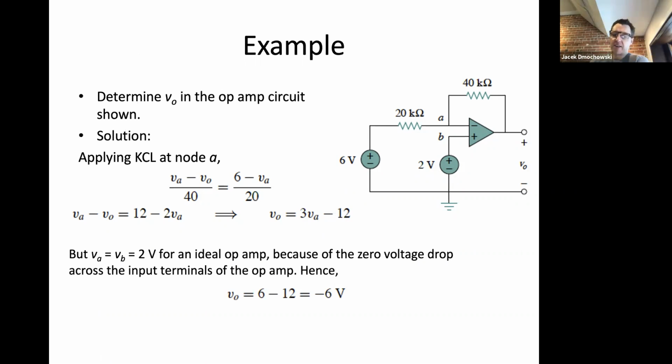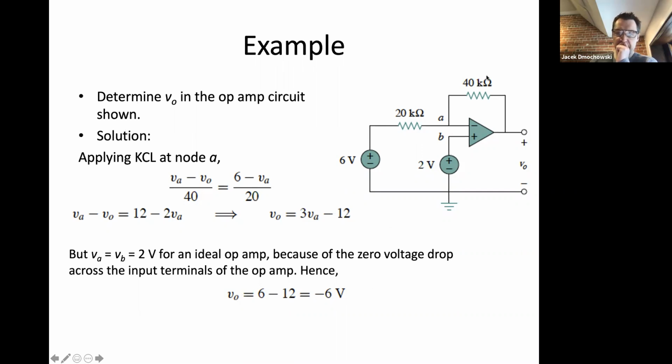And the reason for that is our non-inverting input was not grounded in this case. This voltage here was not equal to 0. It was equal to 2 volts. And so our output here is equal to minus 6 volts.